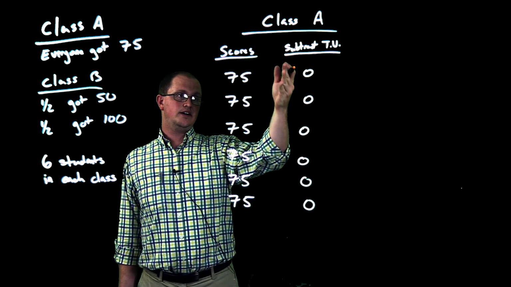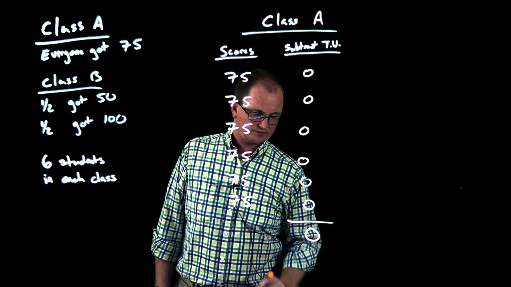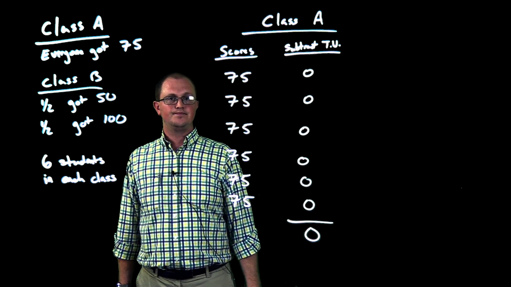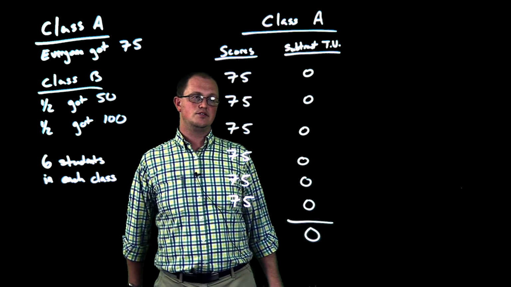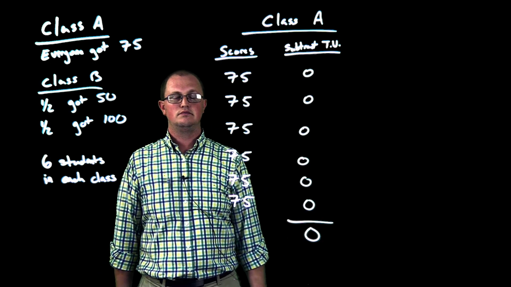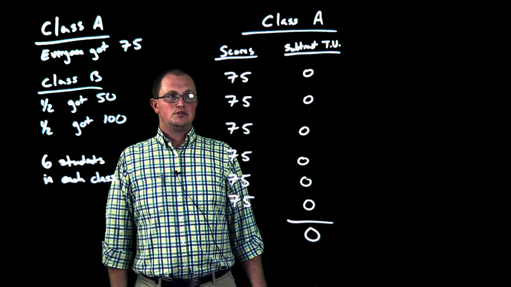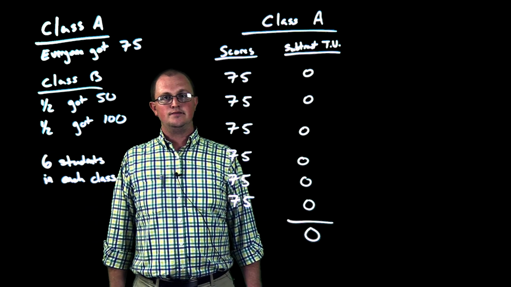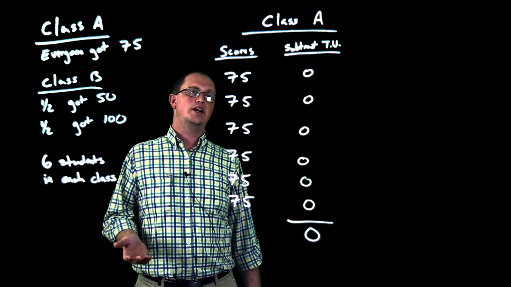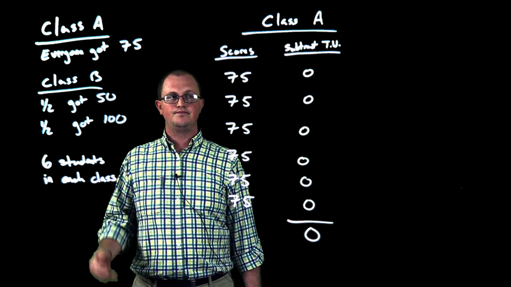And so if we add up all of these differences, we get 0. In some sense, this says that there's 0 variability. And that's kind of what we said last time, that if everybody gets the same score, there's really no variability there.